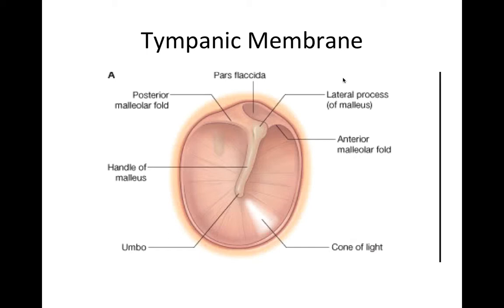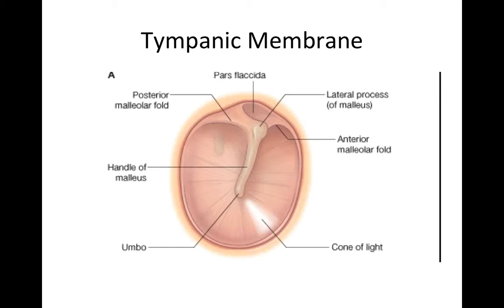It consists of a central fibrous core that you can see here, which is interposed between a thin layer of skin on the side of the external meatus, and then you have a mucous side on the tympanic cavity. At the center, it is attached to the handle of the malleus, which is an ossicle.